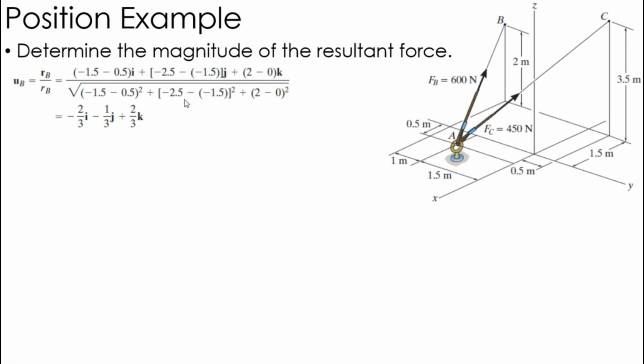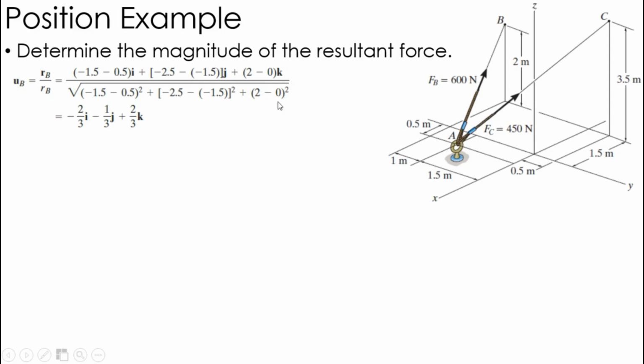So B is at -5 in the x direction, okay, minus +5 in the x direction for point A. Okay, so B is at -2.5 in the y direction, okay, minus a -1.5 in the y direction. Okay, and in the z direction, B is at 2, A is at 0, so 2 minus 0.